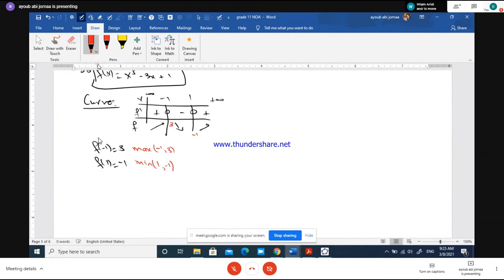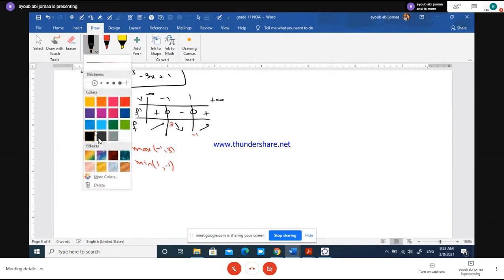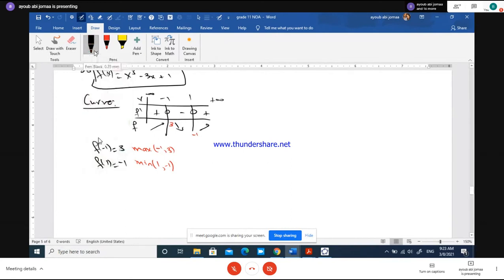And the limits at negative infinity and positive infinity. Limit of f of x as x approaches negative infinity: as we said, we just consider the highest exponent. It is the limit of x power 3 as x approaches negative infinity, which is negative infinity.